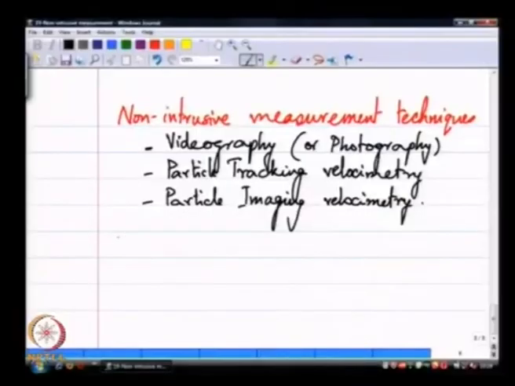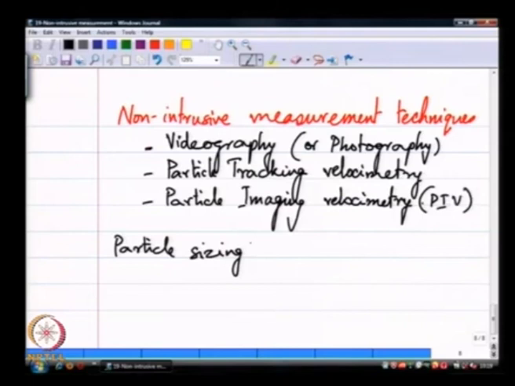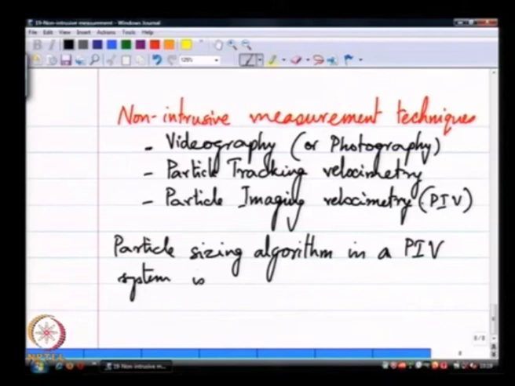One very simple particle sizing algorithm in a PIV system is to use the scattered light intensity.